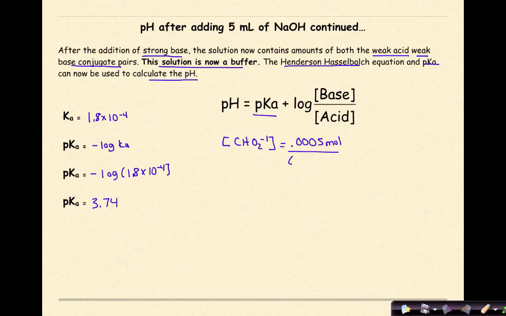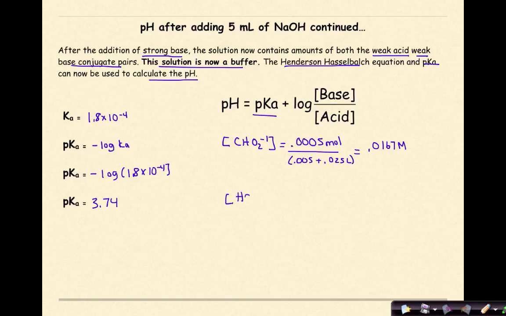So I added 5 milliliters, so that's 0.005 liters, plus my original volume, which was 0.025 liters. And if I do moles over liters, I find that the molarity of my conjugate base is going to be 0.0167 molar.